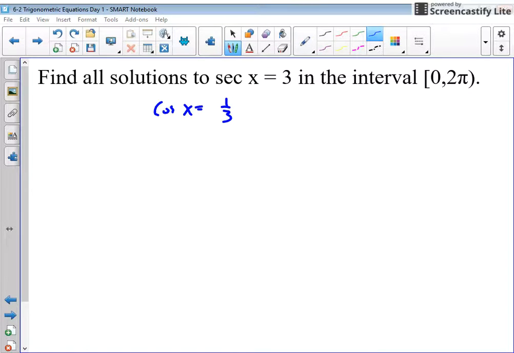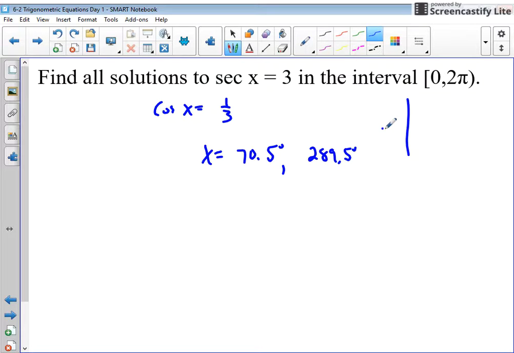Actually, I will go ahead and do this. So second cosine of 1/3, the angle that I get is 70.5 degrees. So x would be 70.5 degrees. And then to find that other angle, I'm going to subtract that from 360 because where the cosine is positive is going to be in the fourth quadrant. So I get 289.5.